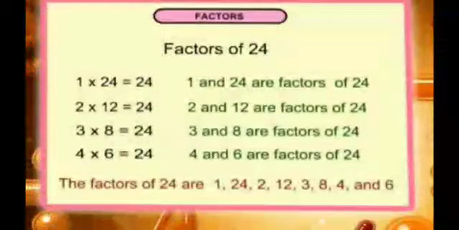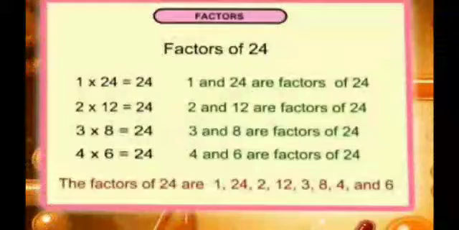Next, look here, we can see one example. Factors of 24. 1 into 24, we will get 24. 2 into 12, 24. 3 into 8, 24. 4 into 6, 24. So we can say 1 and 24 are factors of 24. 2 into 12 is equal to 24, no?